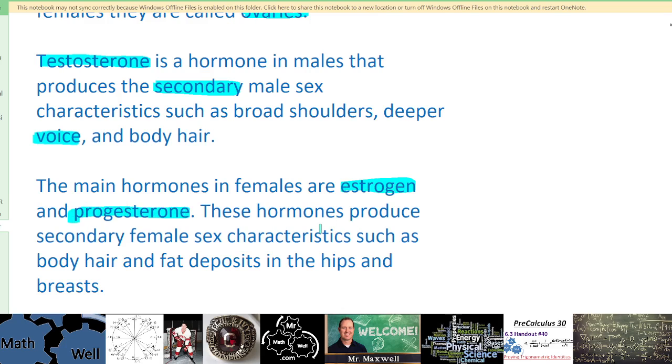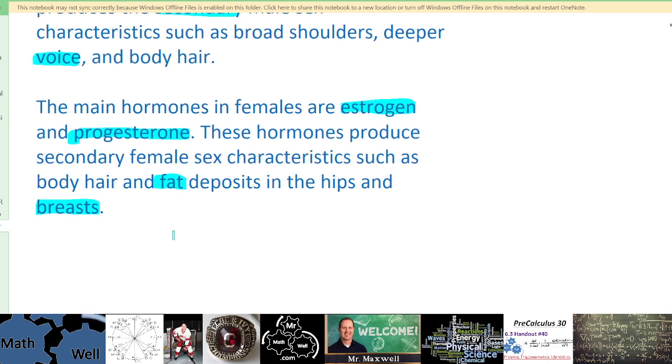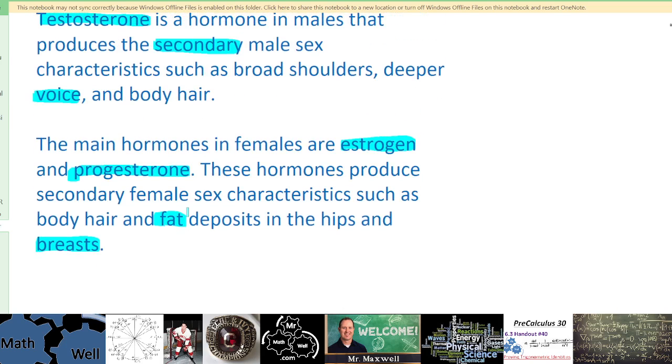These hormones produce secondary female characteristics, also such as body hair and fat deposits in the hips and breasts. So there are secondary sex characteristics that differentiate male and female.